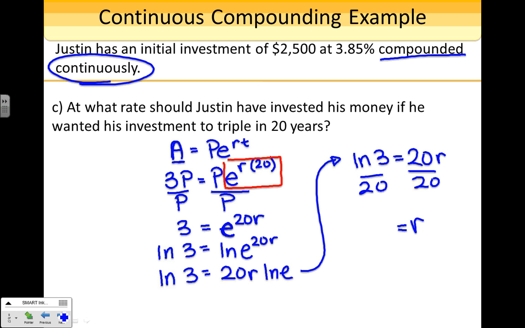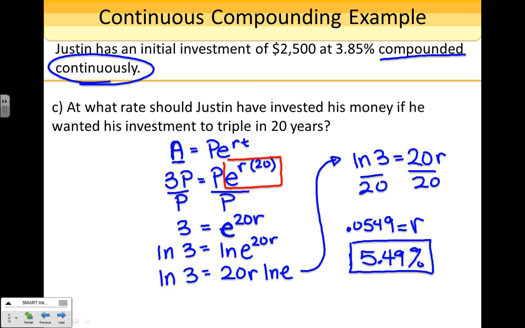Put that in your calculator, and you should get 0.0549, which means 5.49% is the rate that Justin needs his interest to be compounded continuously so that he can get his investment to triple over 20 years.